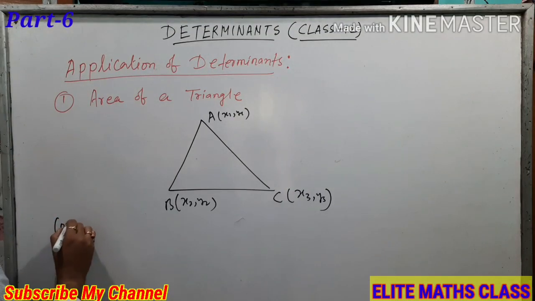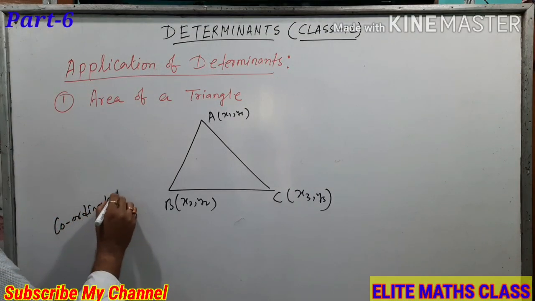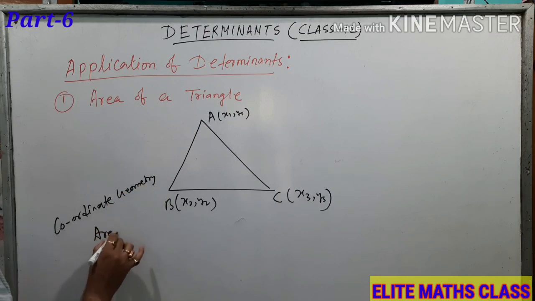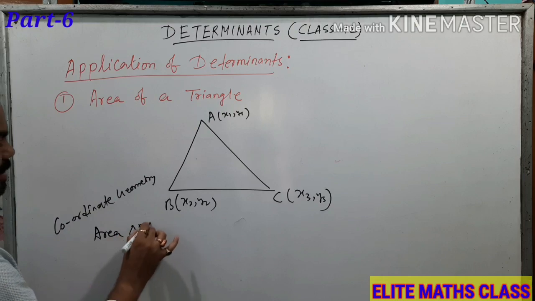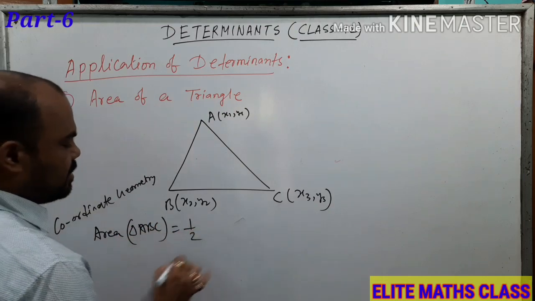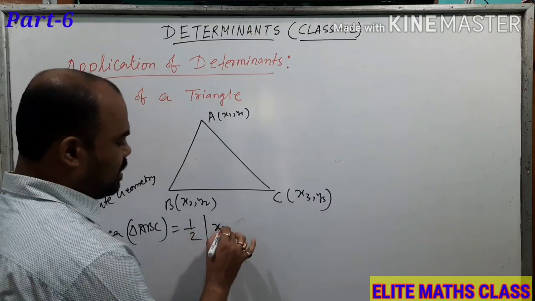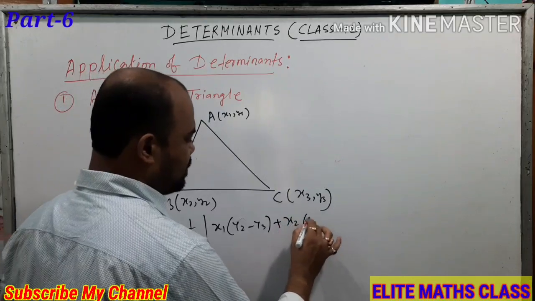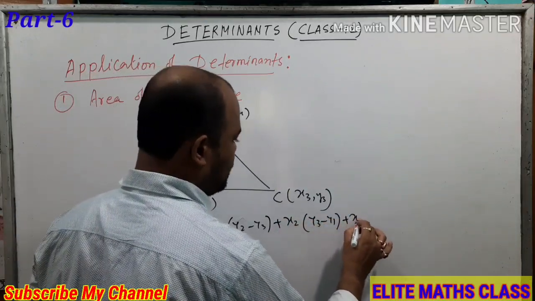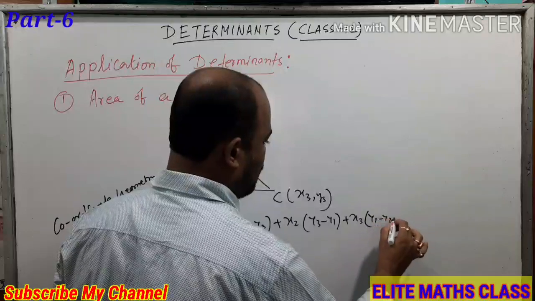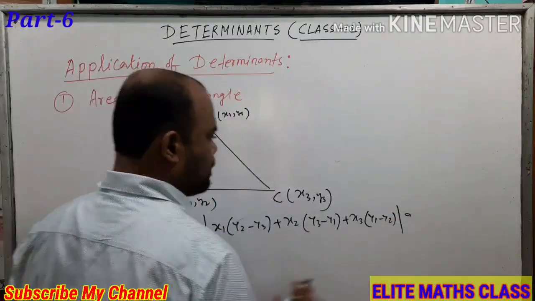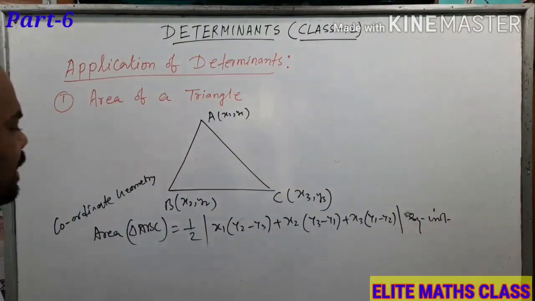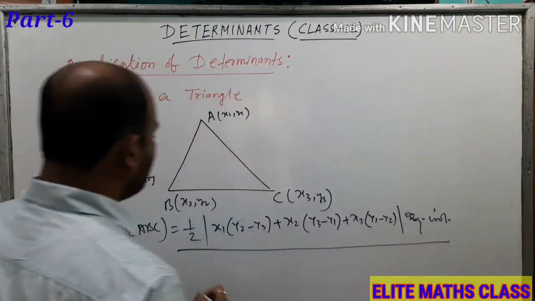Then from coordinate geometry, the area of triangle ABC is half of x1 into (y2 minus y3) plus x2 into (y3 minus y1) plus x3 into (y1 minus y2), modulus of this, square unit. This was the formula by using our coordinate geometry concept.